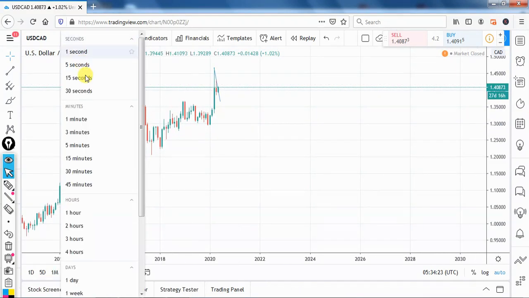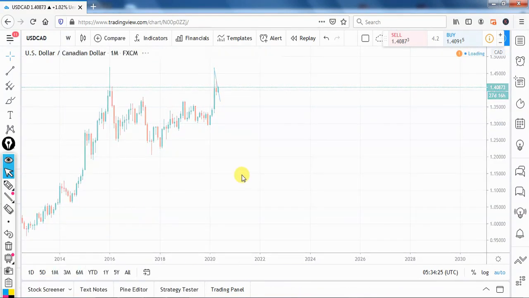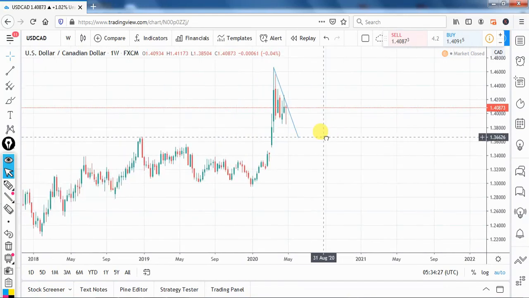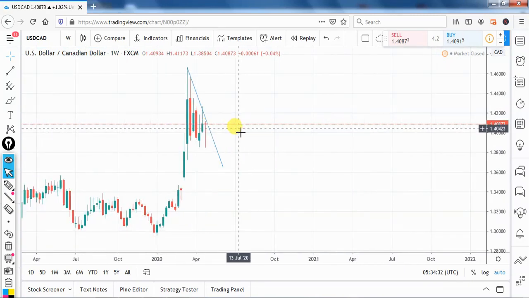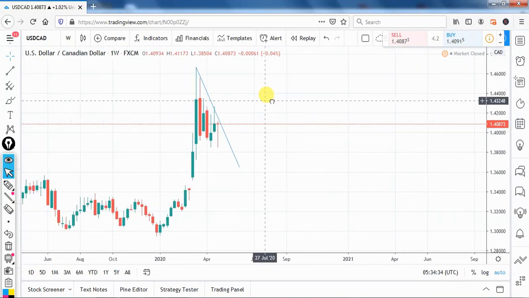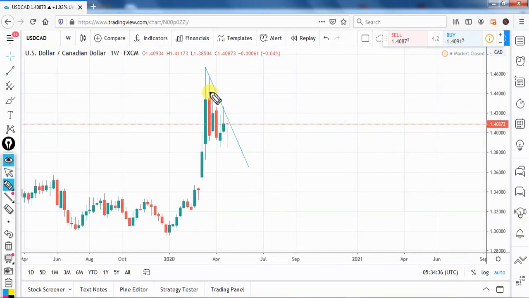So let's go to the shorter time frames. We're going to have a clearer picture once we drill down to the daily time frame. Let me explain what's going on in the weekly time frame up here. This is this week, what we've seen on a monthly time frame, this down candle. This is a weekly time frame, and the price followed this aggressive rush downside, and then since then it's pretty much going up and down.